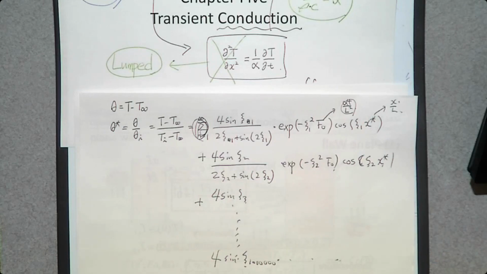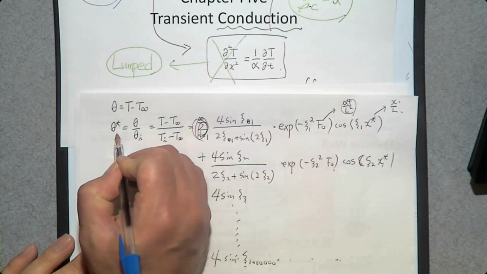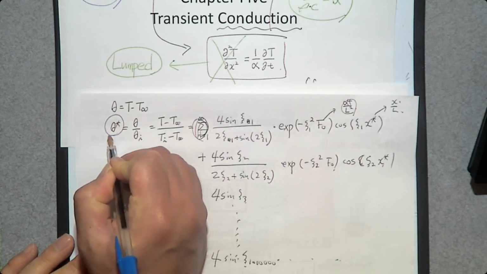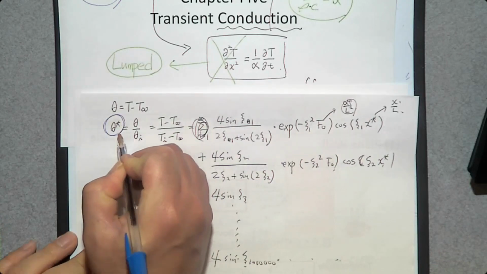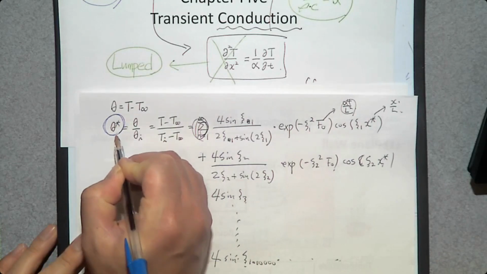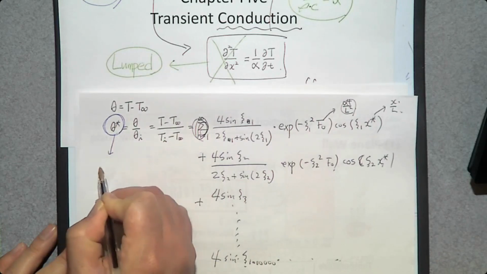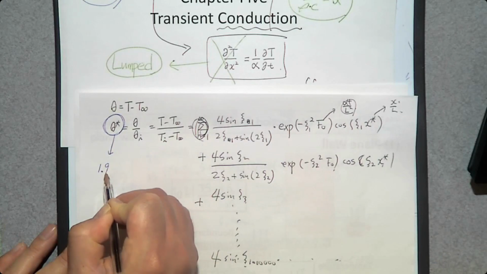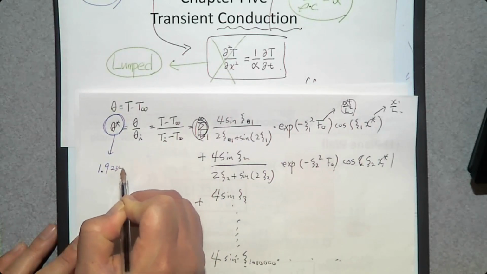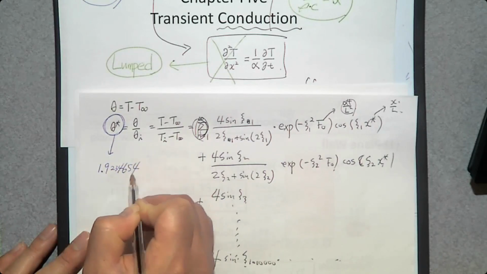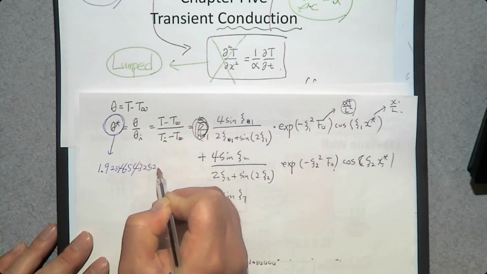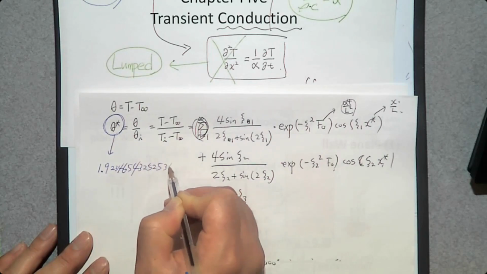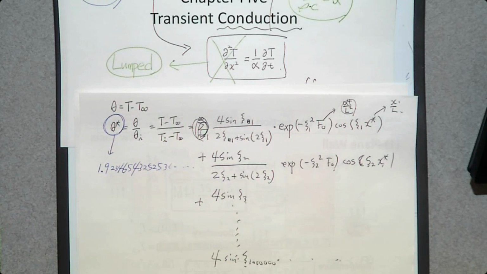One is, let's say the exact answer for theta star is 1.9234654325256, and so on.